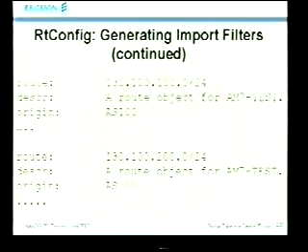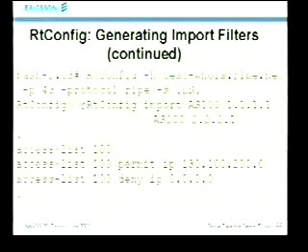So, I run the command. This is my prompt, bash 2.0.3. This is where I get to be root, user root. RT-config space -h, I point to a whois server using this -h flag, this host flag.